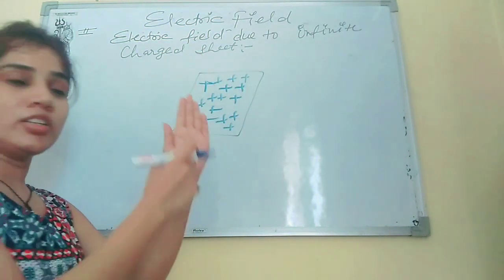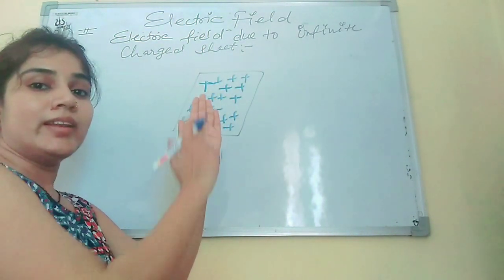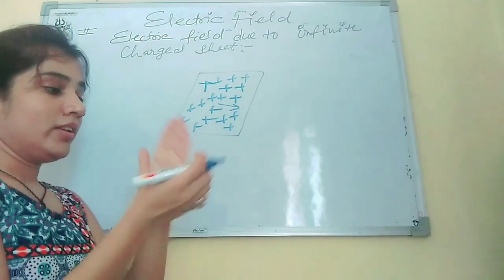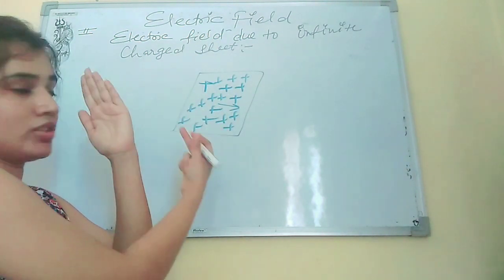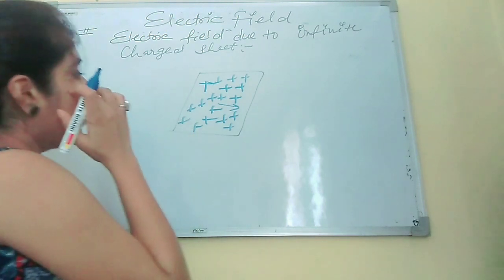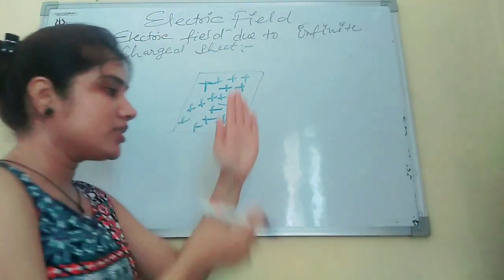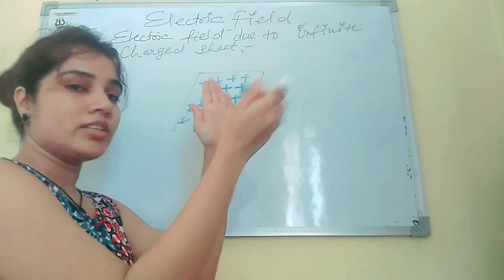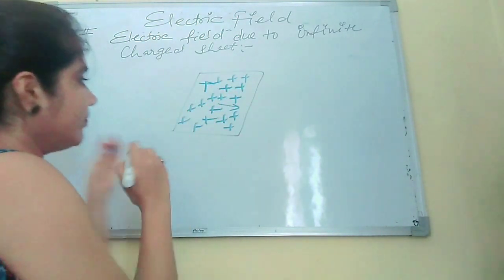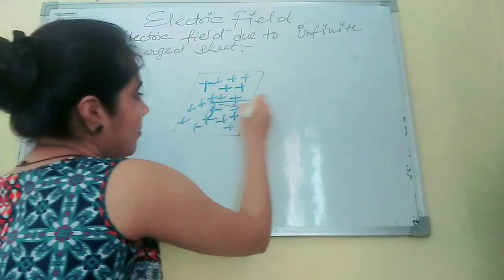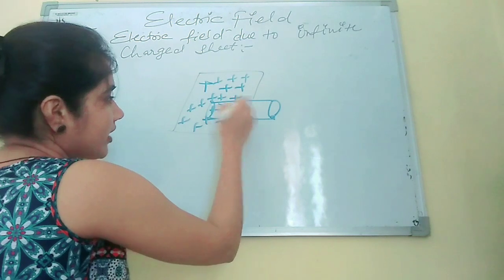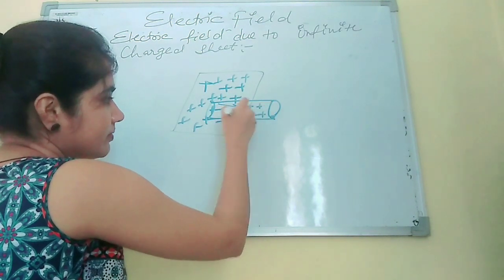Suppose this is the sheet, so it will apply the electric field in this direction, and the same in the opposite direction, right? And I am just drawing a cylinder like this, so the cylinder will appear in the sheet like this, and then it has charge.